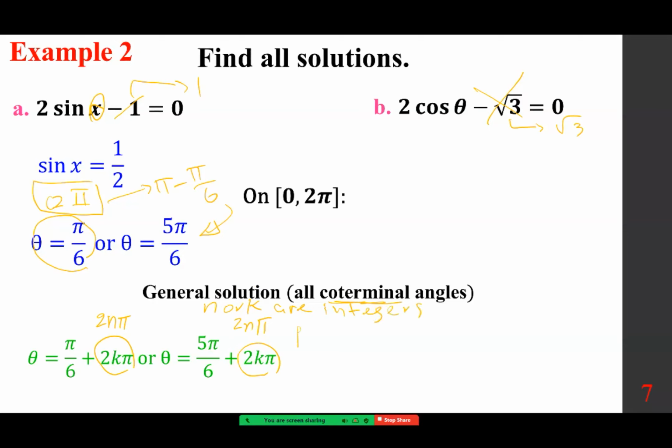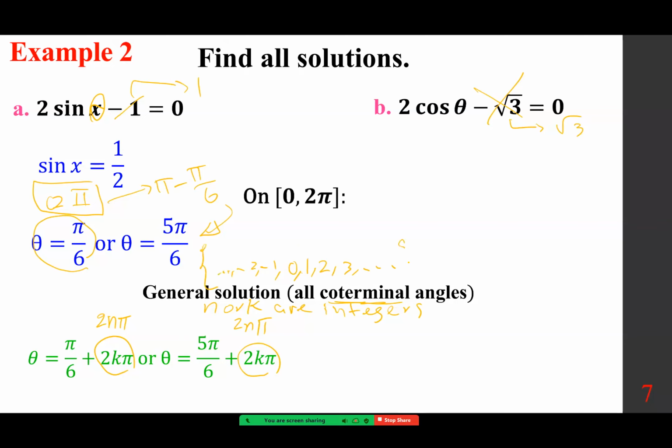To remind you what is the set of integers, maybe I put it up here. So 1, 2, 3 to infinity. On the right side, 0, -1, -2.